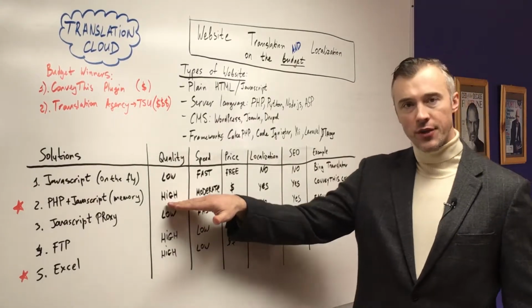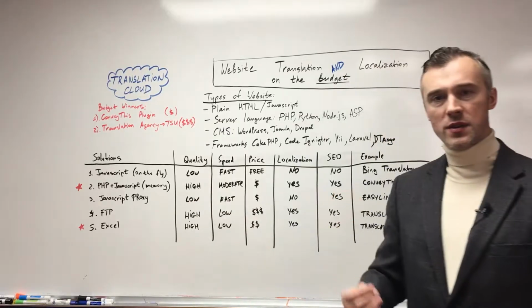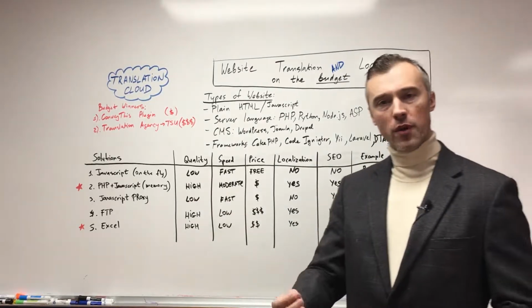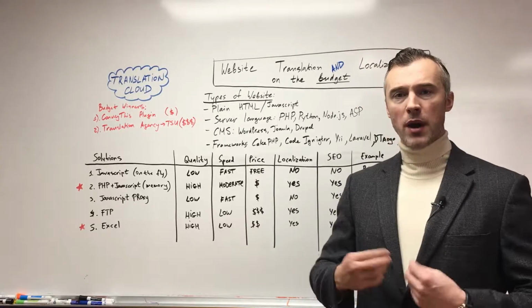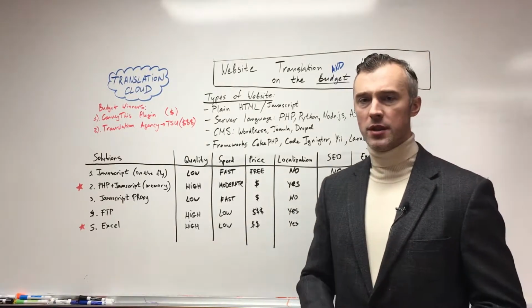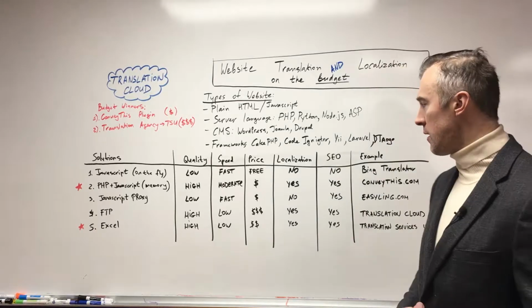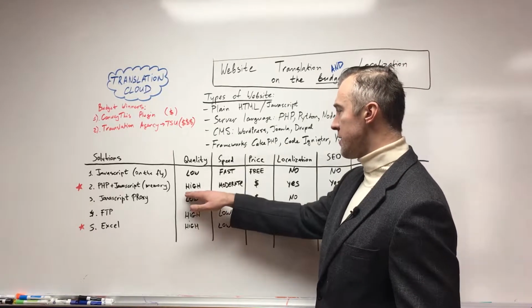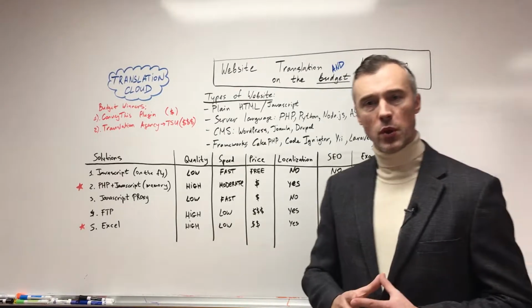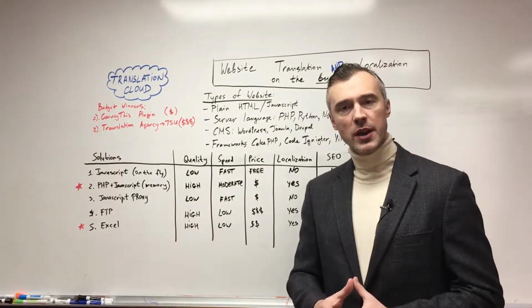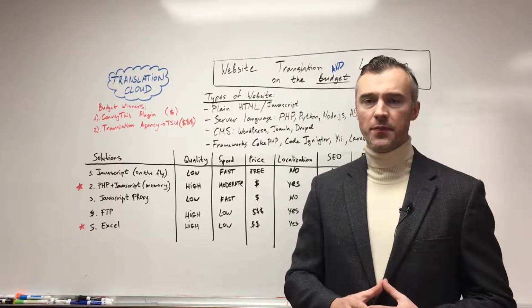So the quality is considered high, since we, the linguists, can work back and forth with this content, and we can polish it and polish it, and it will become really good later on. The speed is moderate, because this is the combined approach. The first iteration we do with machine translation.